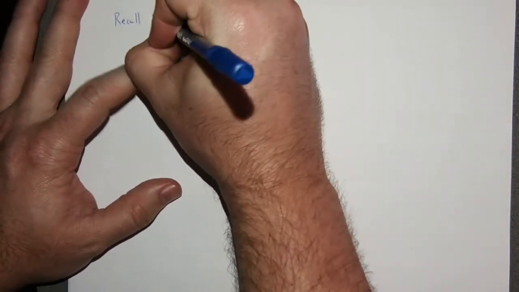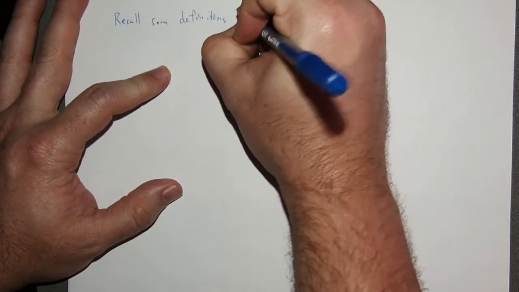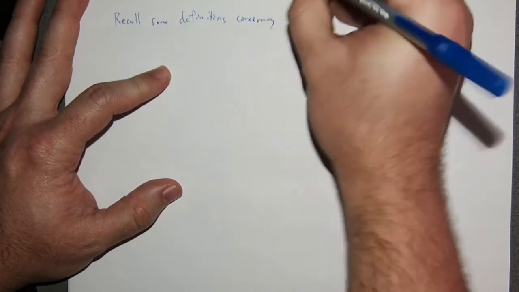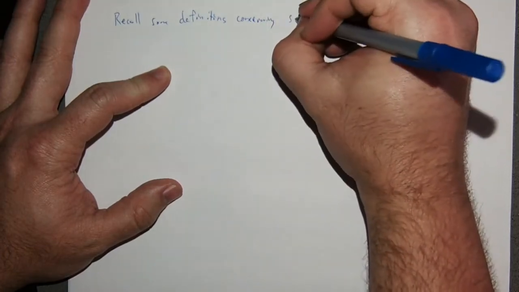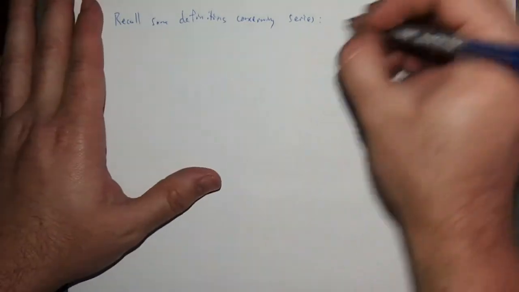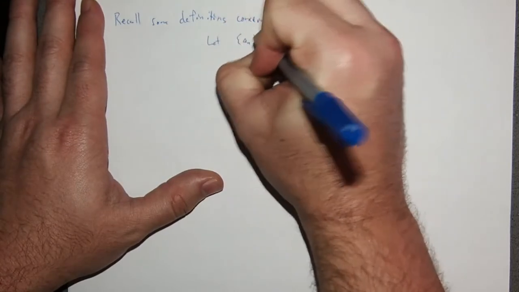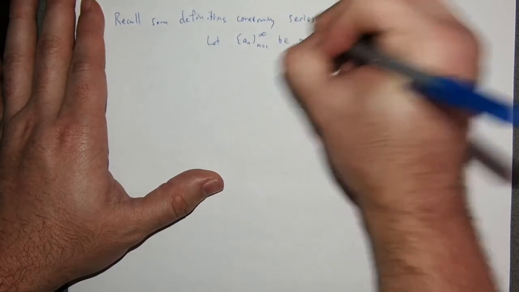So recall some definitions concerning series. Namely, what it means to talk about a convergent series. So let a sub n, from n equals 1 to infinity, be a sequence.